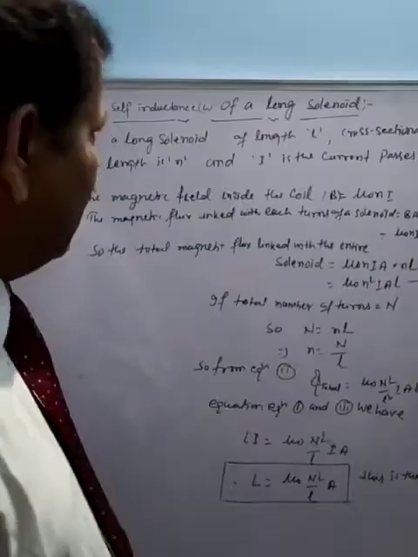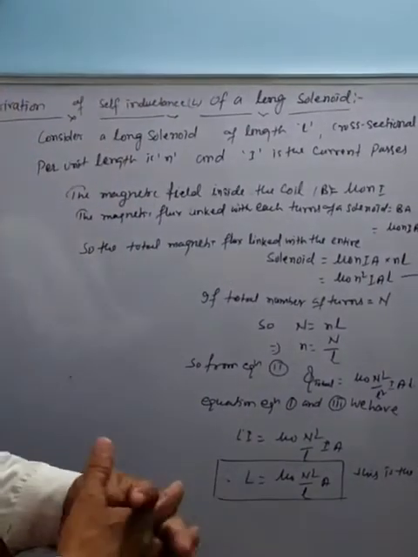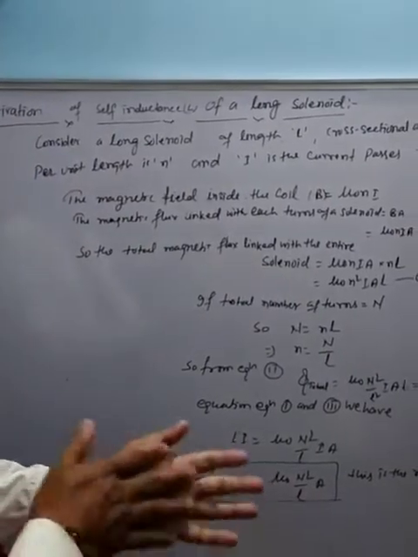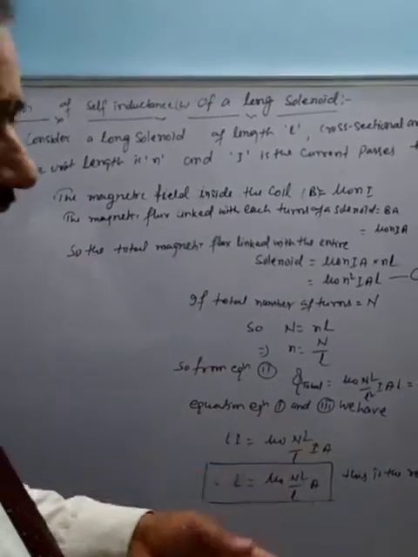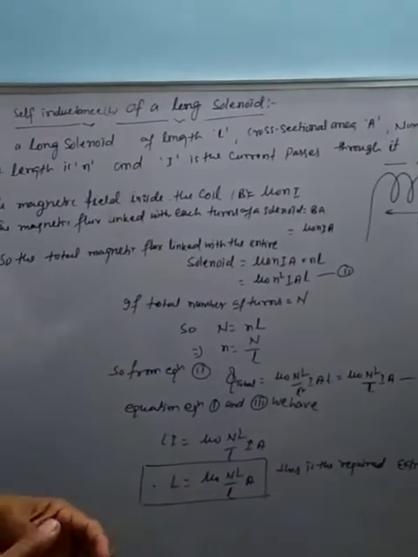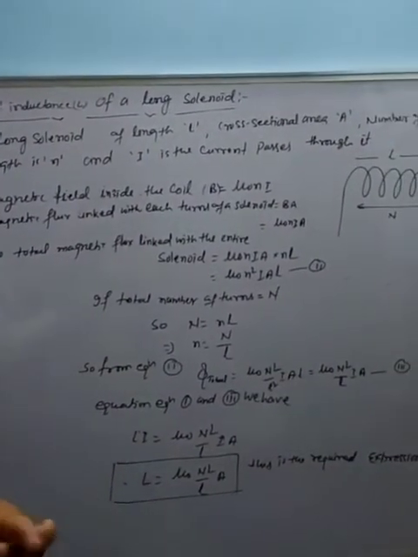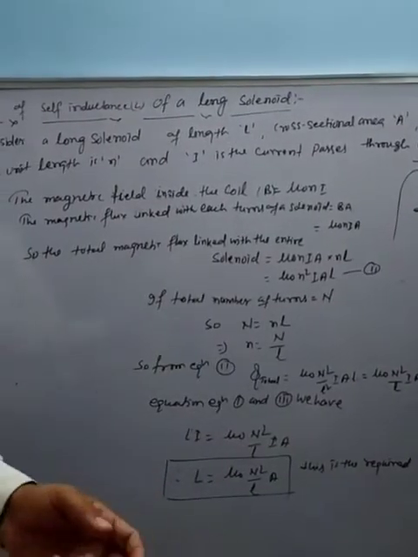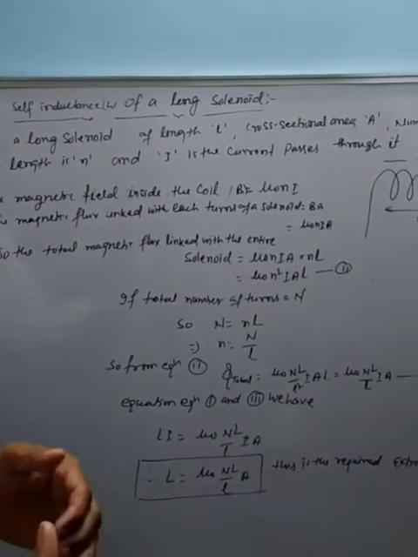Okay. I am going to describe the self-inductance of a long solenoid. Consider a long solenoid having length l and cross-sectional area A. The number of turns per unit length is n and current I passes through it.